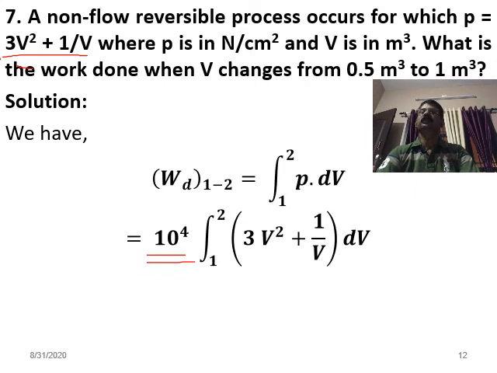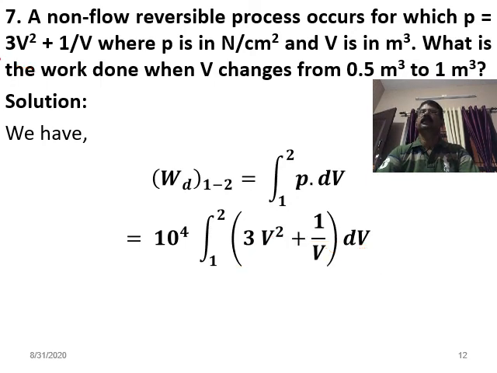Now inside the integral sign you have 3V square plus 1 by V into dV. So separately you can write 3V square into dV and integrate that, and 1 by V into dV, and integrate that separately.